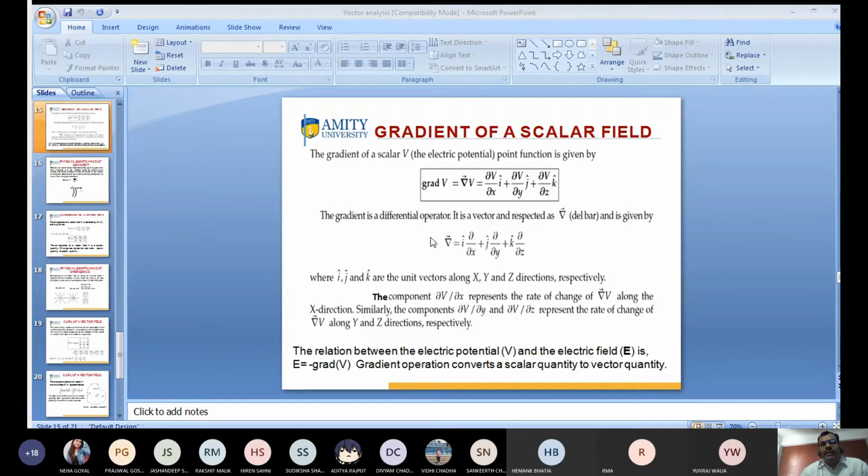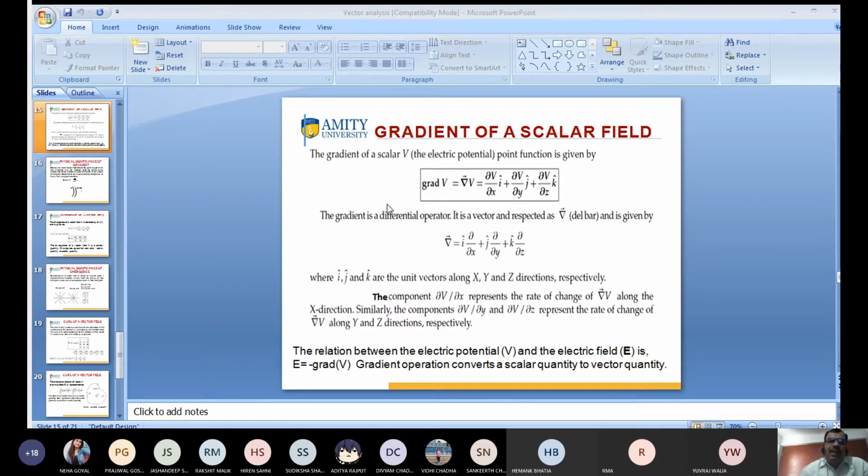This is the del operator, equal to i del by del x plus j del by del y plus k del by del z. This is a differential operator, expressed with an arrow, meaning it expresses a vector quantity. When it is operated on a scalar quantity, this is called gradient of phi, and gradient of phi is a vector quantity. When operated on a vector quantity with dot product, this is known as divergence, and it gives a scalar quantity.